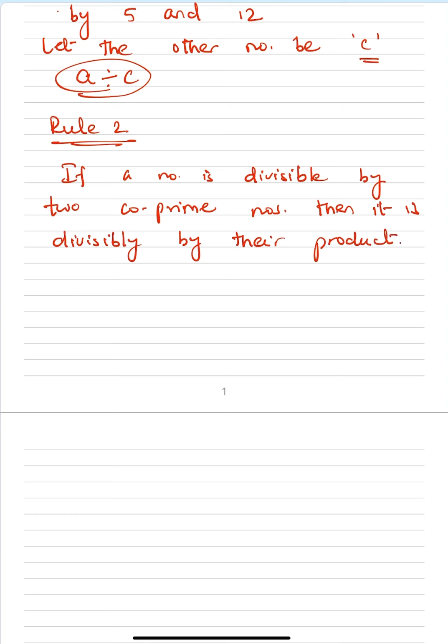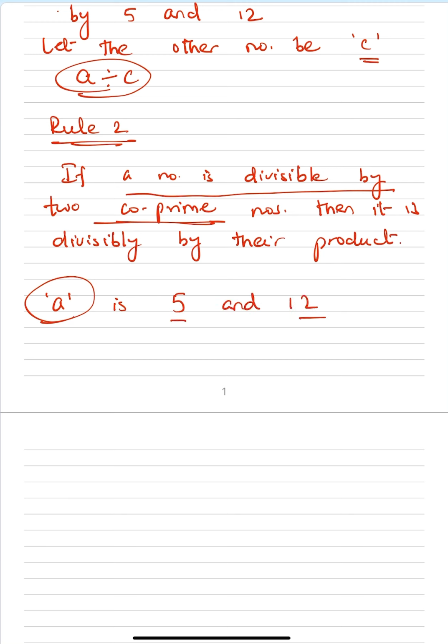The meaning of this is, if a number is divisible by two co-prime numbers, here we have seen that A is divisible by 5 and 12. 5 and 12 are co-prime numbers here because they have only one common factor, and that is 1. Now they have said that this number will be divisible by their product also.